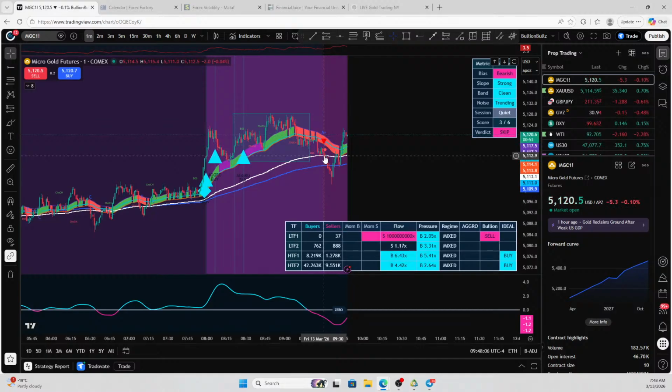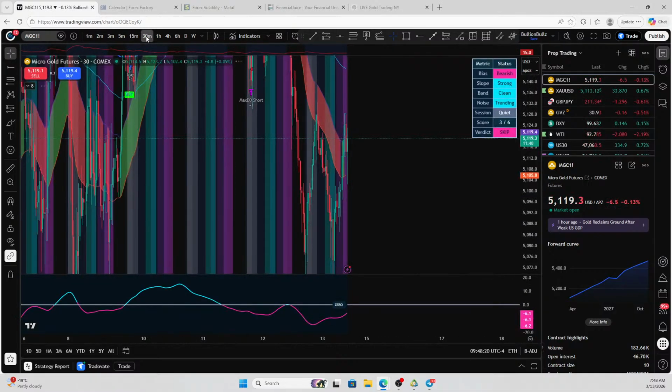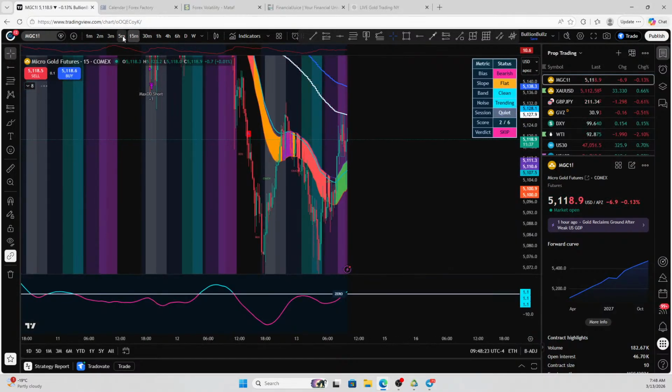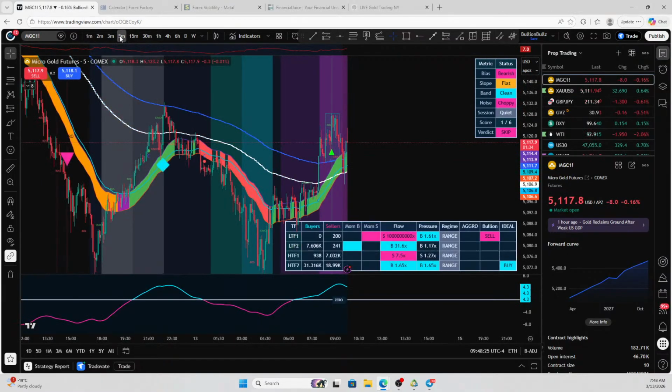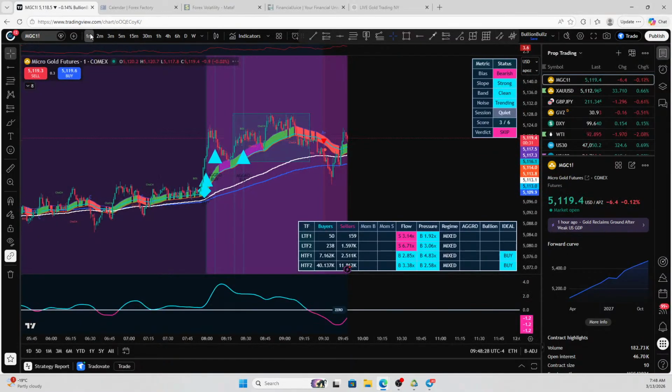Number one, we wait for the bias to establish. A lot of the times, the market might not be ideal, where bias doesn't establish clearly. For example, today we can go to 30-minute and we see it's bearish, 15-minute is bullish, 5-minute is bullish, 1-minute is bearish. So it's mixed, right? In such a condition, we go with higher time frame bias, but what overrides such a bias is our pressure indicator, our trend master indicator.